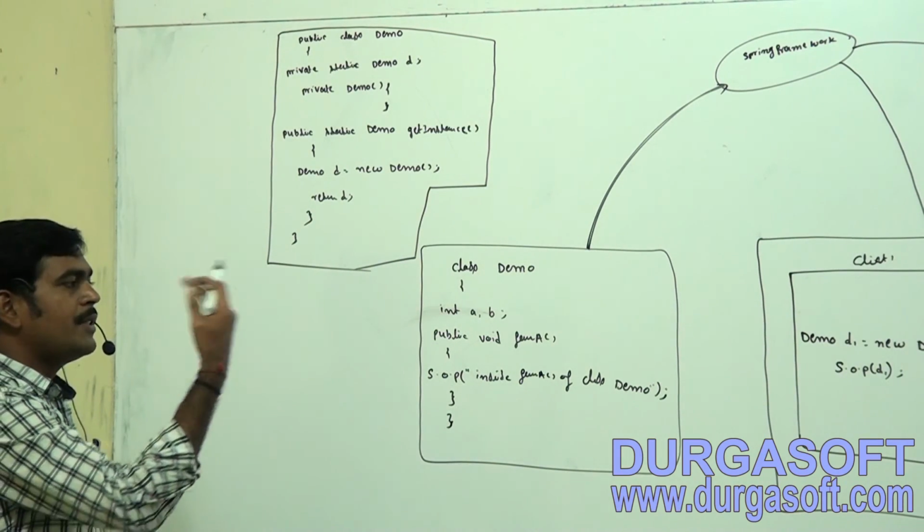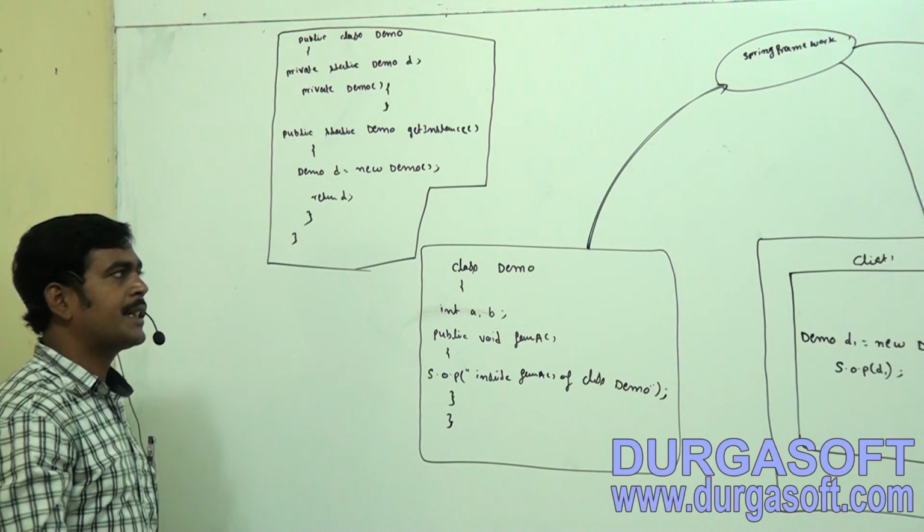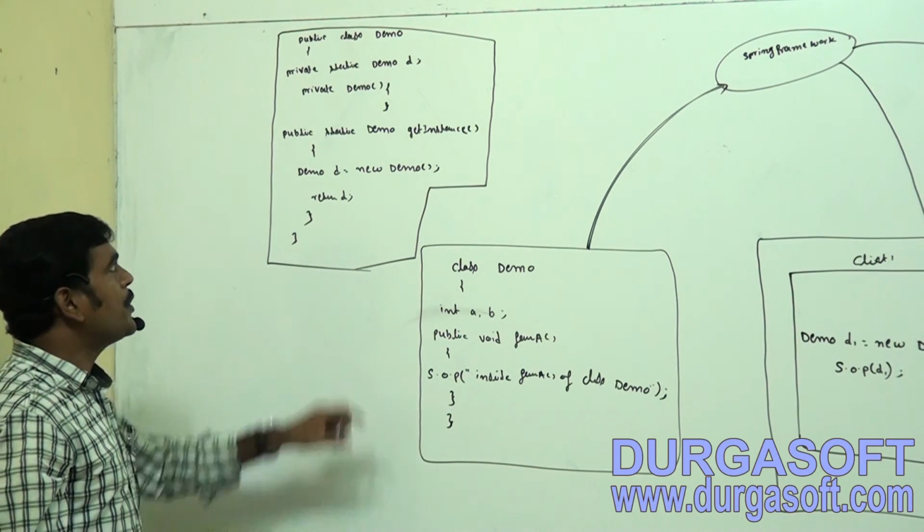At that time, if we print those references, we get the same reference only. How do we get this object?